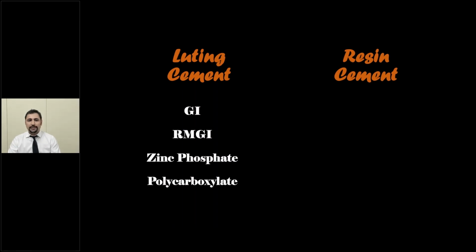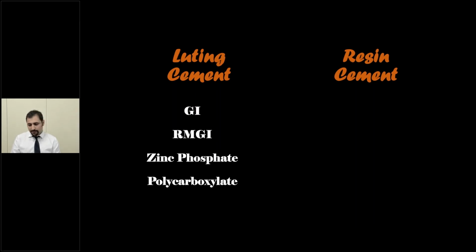Sometimes it's called luting, sometimes cementing, sometimes bonding. So what's the difference? For the sake of discussion here, we're going to call luting a non-resin cement. The examples of them are glass ionomer, resin modified glass ionomer, zinc phosphate, and polycarboxylate.